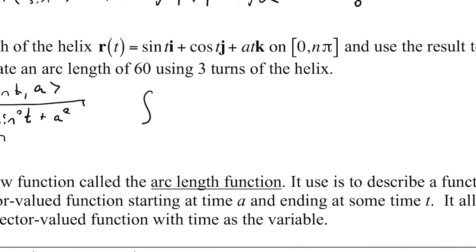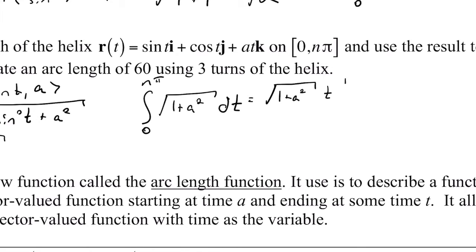We then can use the arc length formula. We have the integral from 0 to n pi. N is also a constant. It's not a variable. We have the radical of 1 plus a squared dt. The antiderivative of this would be square root of 1 plus a squared times the variable t, and the interval goes from 0 to n pi.